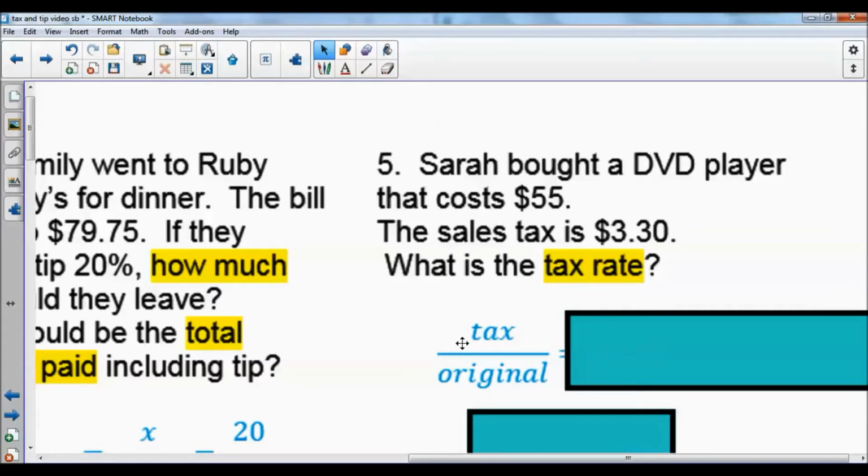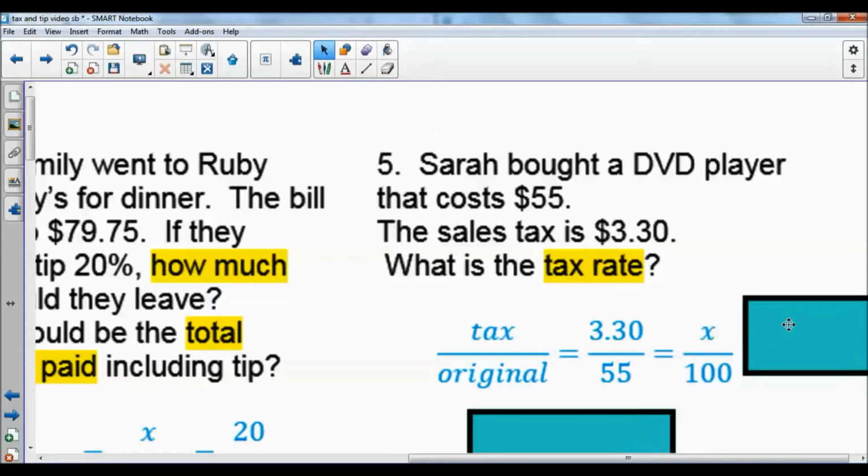And then in this case, we're going to use tax because that's what we're finding, but we're finding tax rate, right? That's actually the percentage over the 100. So our x is in a different spot this time. Here we know that the sales tax was $3.30 and that the player cost $55, but then we want to figure out what the percent is.